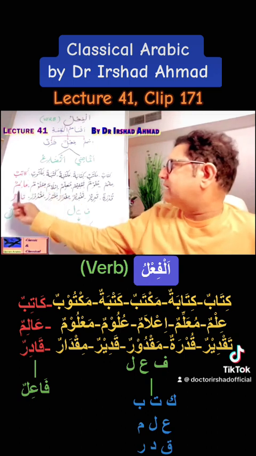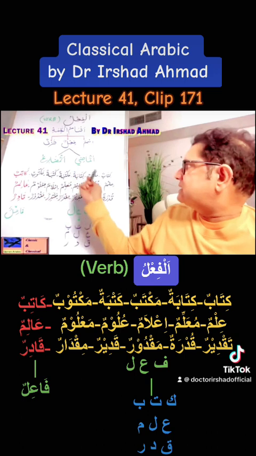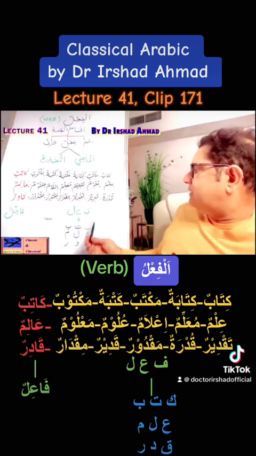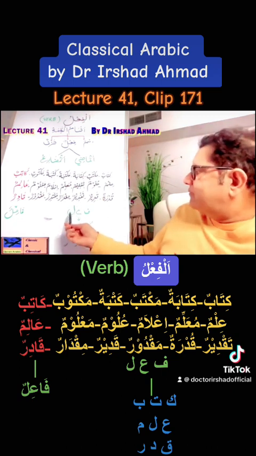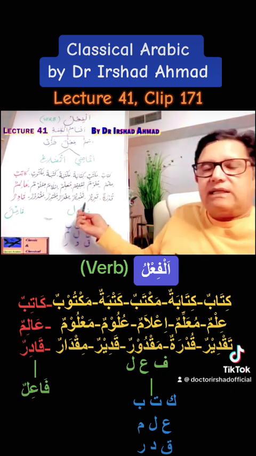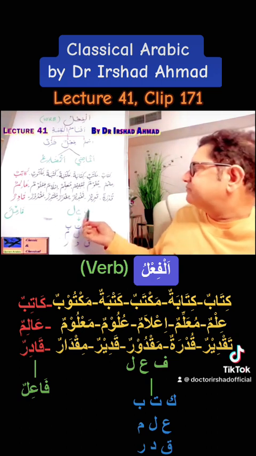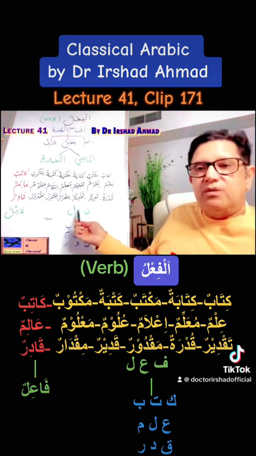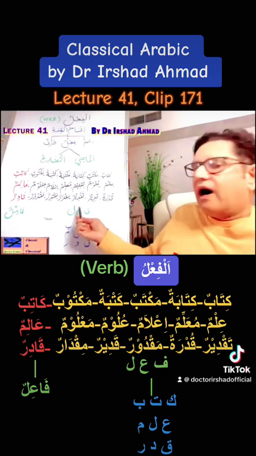The pattern here is that of fa'ilun. So these three-letter roots, for the purpose of teaching, training, learning, have been given the name of not really a dummy root, but a kind of model root, which we call fa, ain, lam.